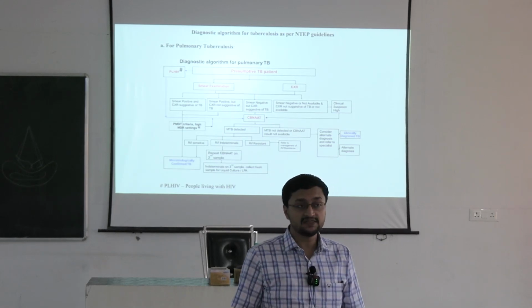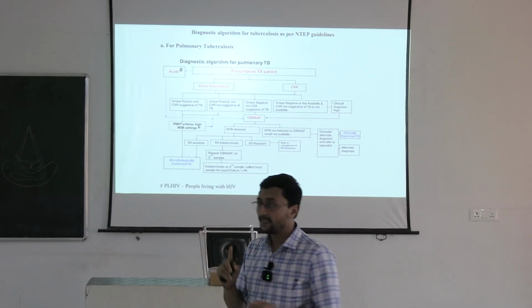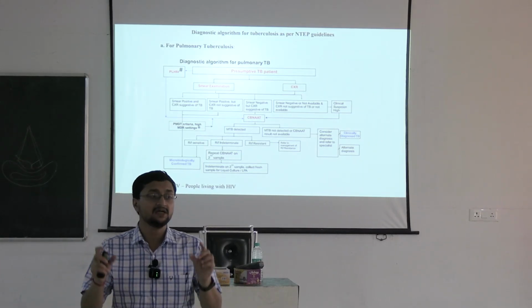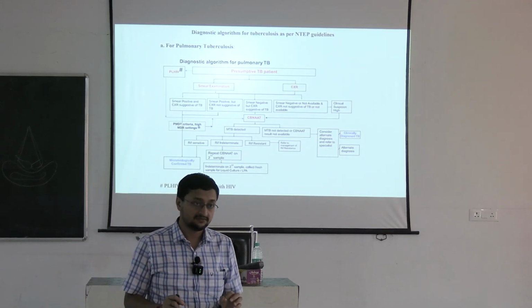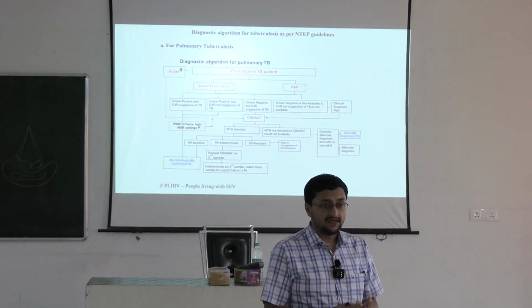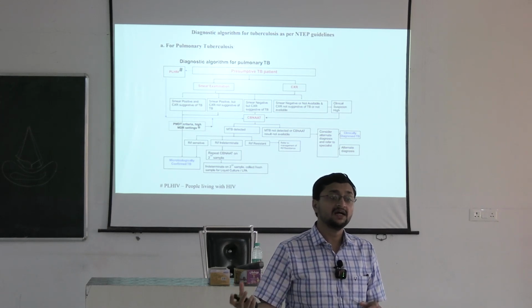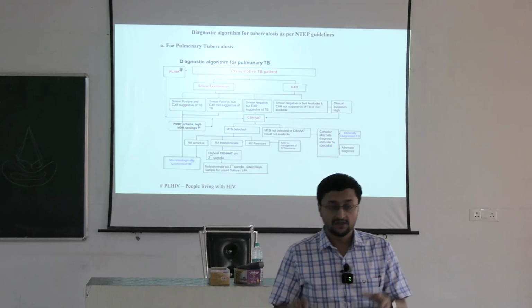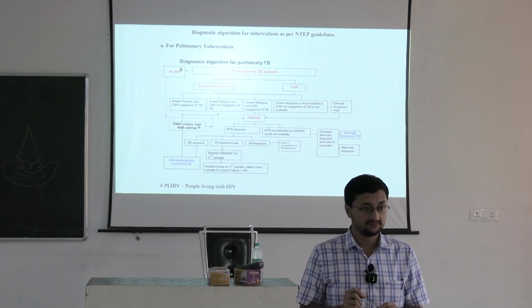Exclude all other possibilities, then you can order anti-tubercular drugs. In all sputum smear positive cases, that means microbiologically confirmed pulmonary TB, we should order CBNAAT. Why? Because India and Africa are the 2 countries where there are plenty of cases of drug resistant tuberculosis. To detect it at the earliest, we should order CBNAAT in each and every patient of microbiologically confirmed tuberculosis.